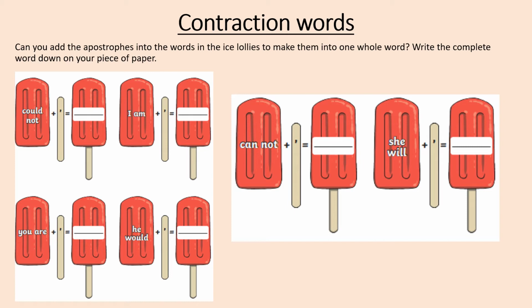Cannot, and she will. So there are 6 there altogether, so you should have 6 words written down that you've made into a contraction. So could not, I am, you are, he would, cannot, and she will.